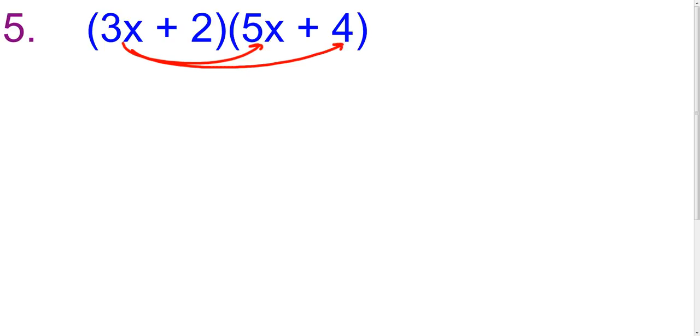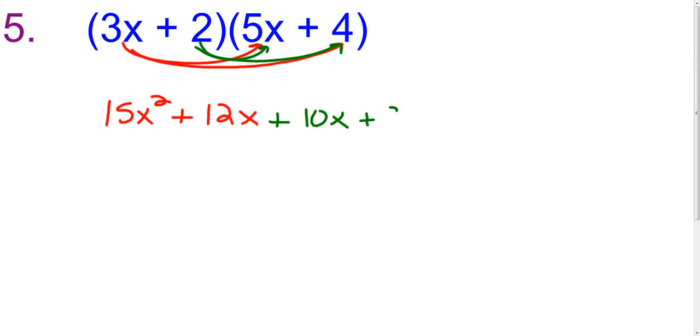So 3x times 5x would give me 15x squared. And then 3x times 4 would give me 12x. Okay, so I've distributed the 3x through the back parentheses. Now I'm going to take the 2 and distribute it through the back parentheses. So 2 times 5x would be 10x, and a positive 2 times a positive 4 would give me 8.